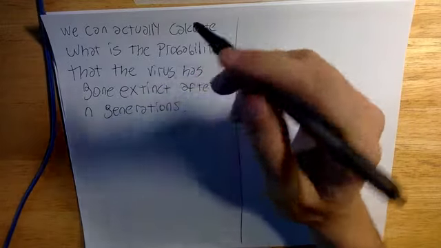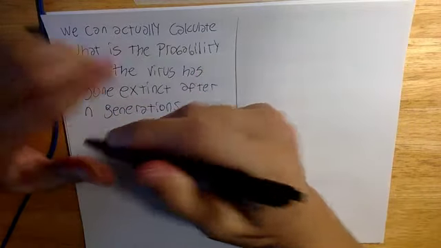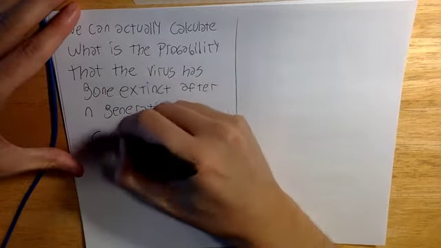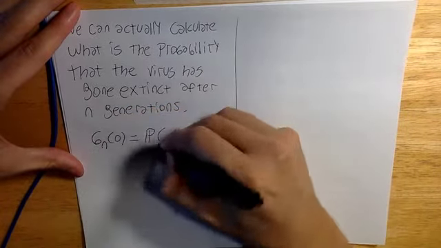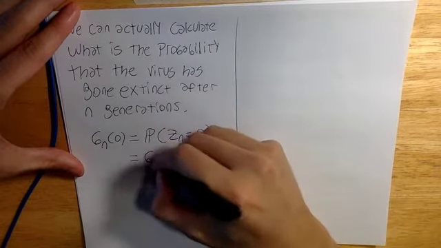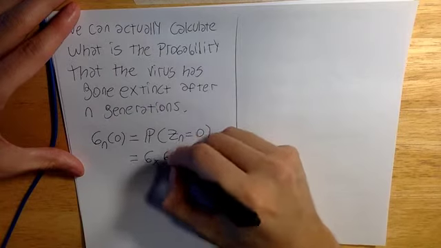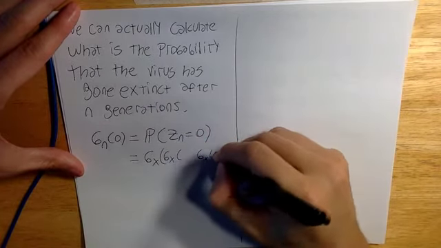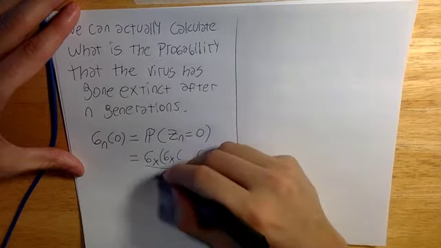So after n generations, this is just Gn of 0, the probability that Zn is equal to 0, which is just Gx of Gx of Gx of Gx of 0, n times.